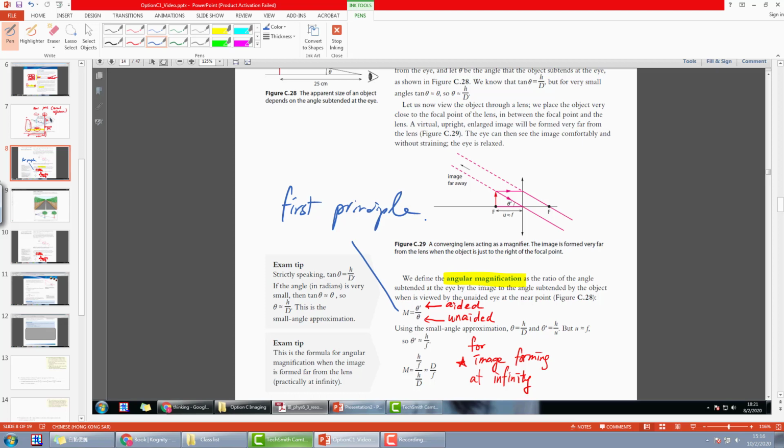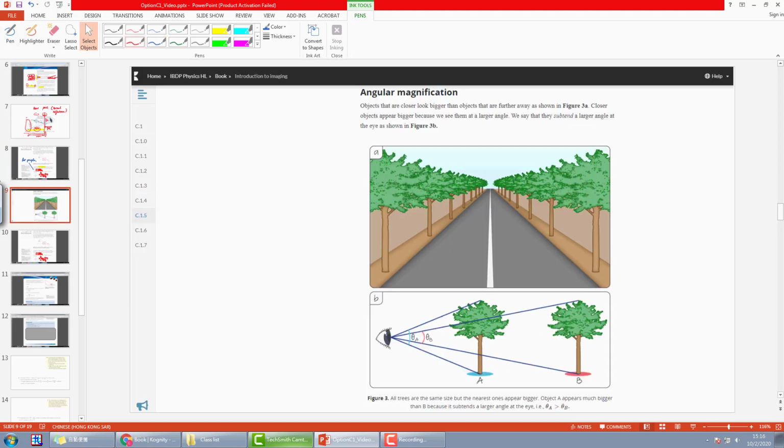There's a really nice picture, again from Cognity, which you may want to take a look at. It's just simply common sense. Let's say these are all trees, and all the trees are the same size. Let's say 2 meters; if you go there and measure them, all of them are 2 meters. But how come the trees far from you, at the back, look smaller?